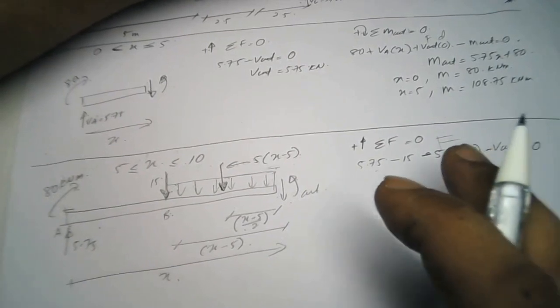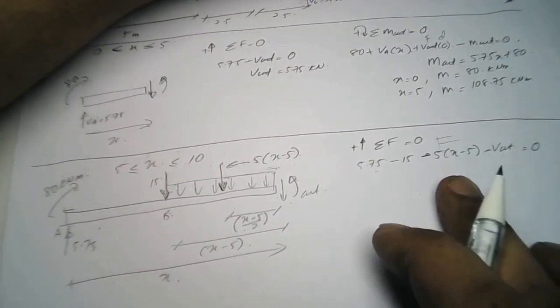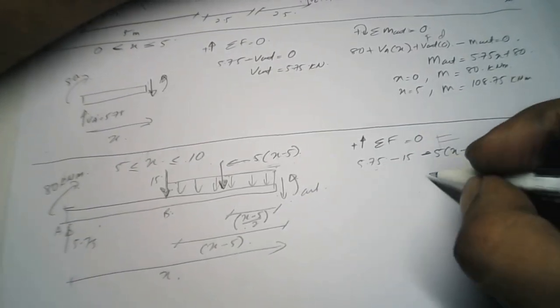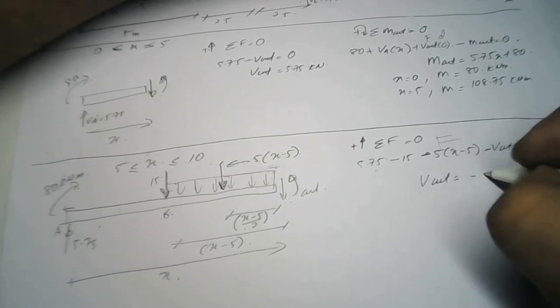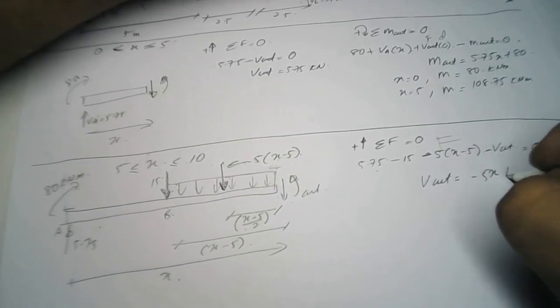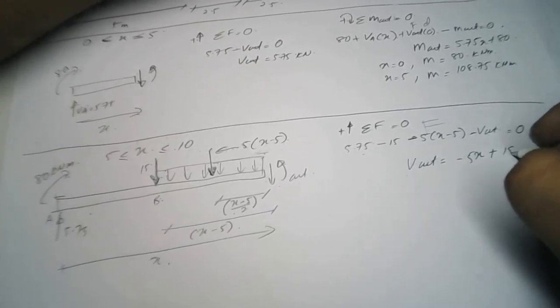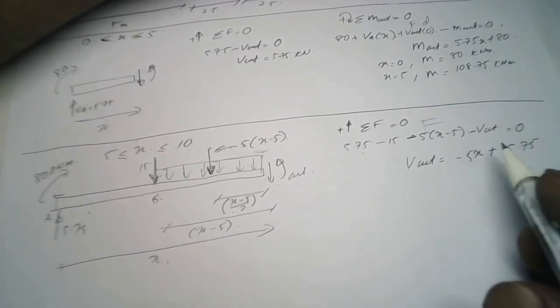After you do this equation, at the end you will get one linear equation: V cut equal to negative 5x plus 15.75. This is a linear equation.